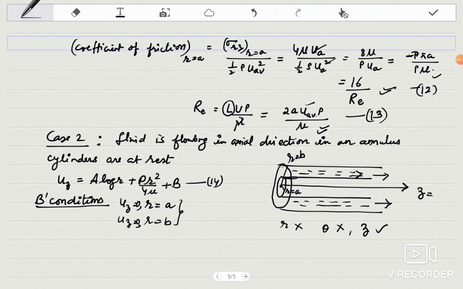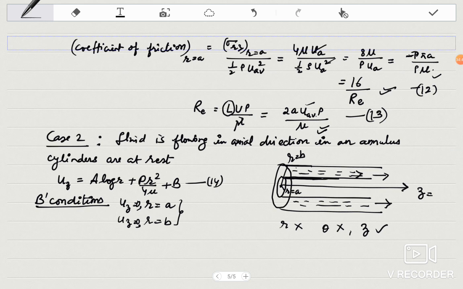Because your cylinder is at rest, the fluid particles adjacent to this wall will also be at rest. Your inner cylinder is at rest, so by the no slip condition the fluid cannot slip over it. Rather the fluid layer adjacent to this skin will also be at rest. And in this case there is flow due to the pressure gradient, so your P will not be 0.